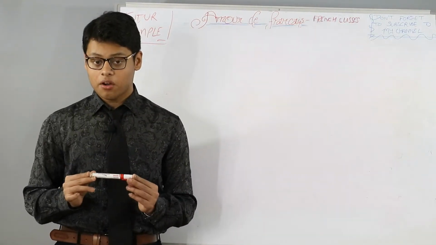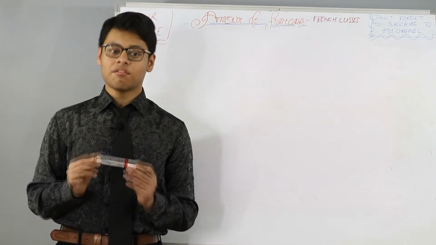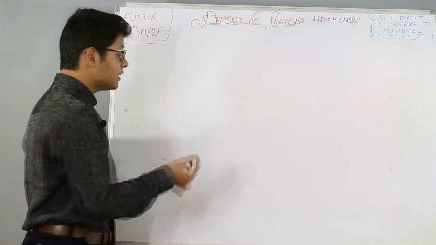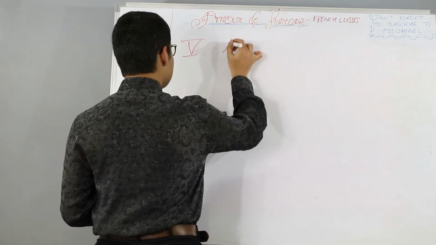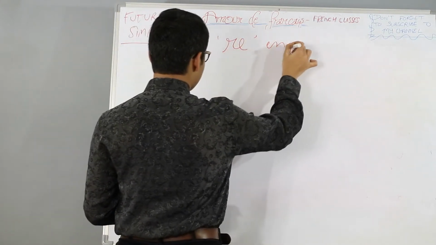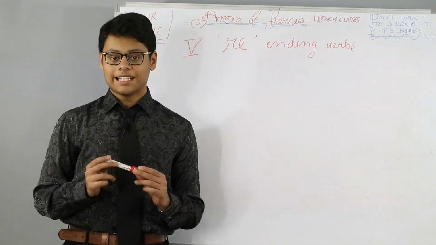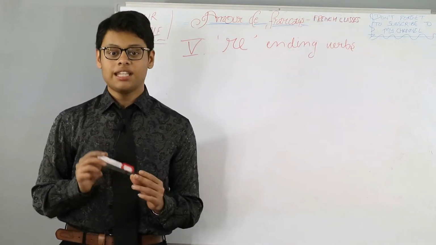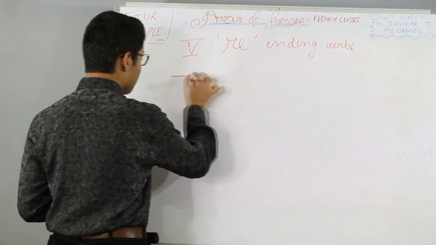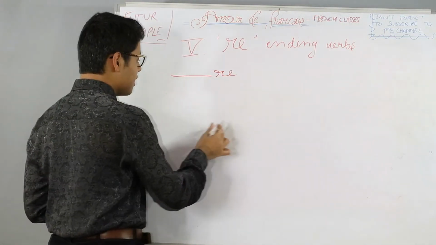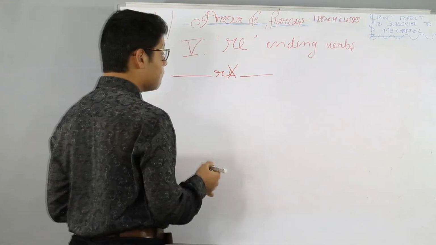I did this quick recap because the next category of verbs which we will do with future simple has a slightly different formation than the categories we discussed so far. The fifth category, which has a slight difference, is RE ending verbs. There is a slight difference, but that difference is significant: for the verb which ends with RE, for doing future simple, we remove the E and then we add the future simple endings.